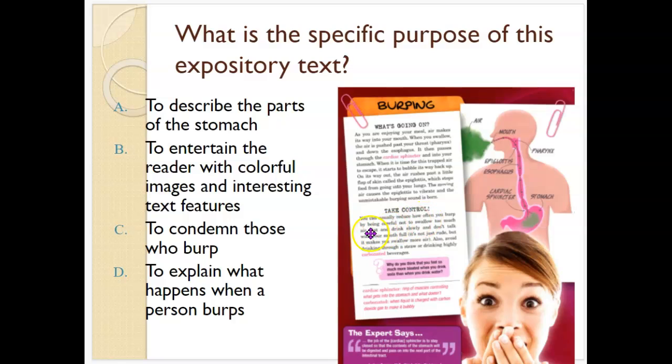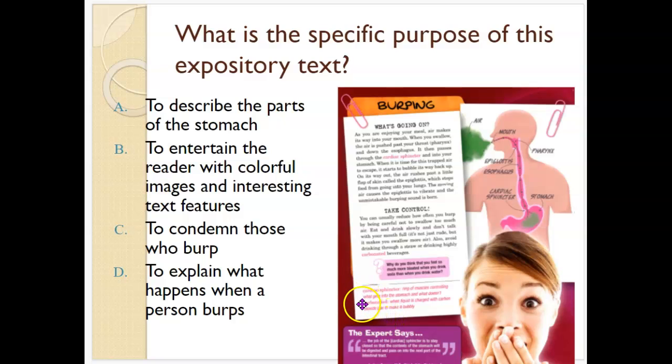Take control. Another subtitle. You can usually reduce how often you burp by being careful not to swallow too much air. Eat and drink slowly, and don't talk with your mouth full. It's not just rude, but it makes you swallow more air. Also, avoid drinking through a straw or drinking highly carbonated beverages. Question. Call out box here. Why do you think that you feel so much more bloated when you drink soda than when you drink water?